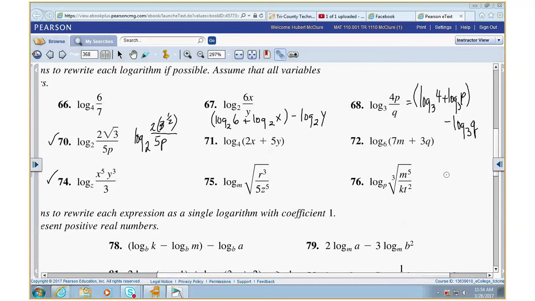Now it's going to be log of 2 plus log of 3 to the 1/2 power. I'm going to put that in parentheses, minus log of 5 plus what? Log of p. All this is log base 2, sorry.